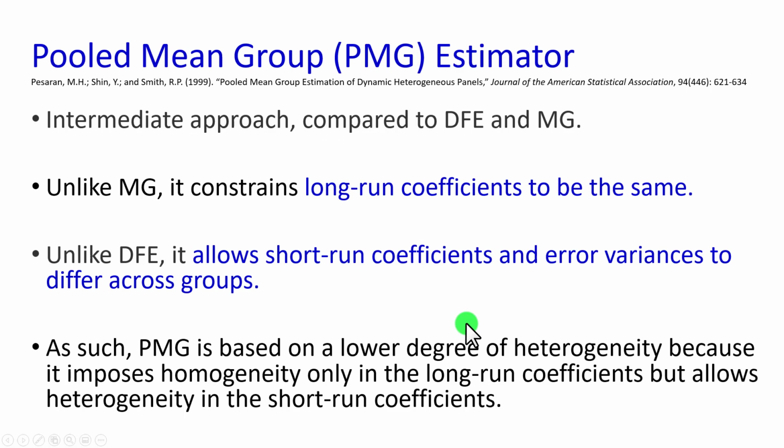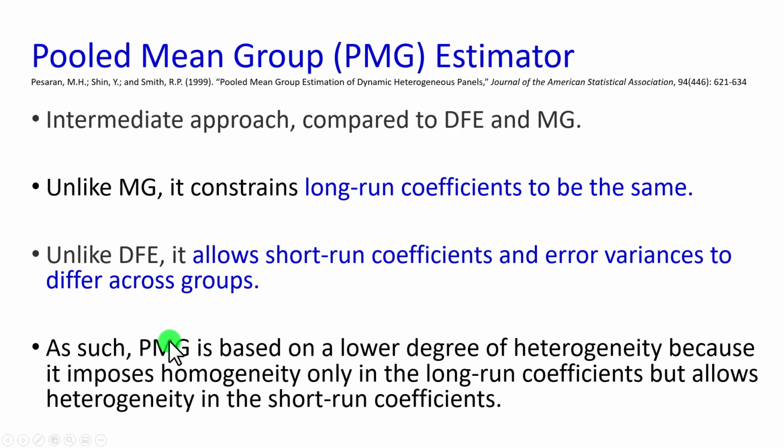The point to note again is that unlike the mean group estimator, pooled mean group constrains the long-run coefficients to be the same. And unlike the dynamic fixed effects estimator, it allows the short-run coefficients to move around, to vary across the groups.